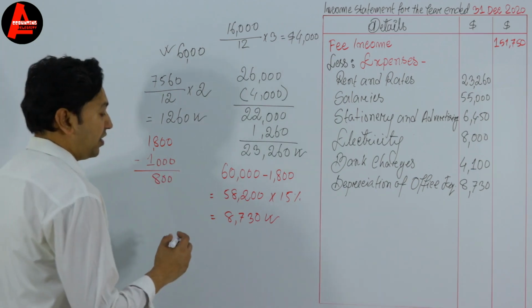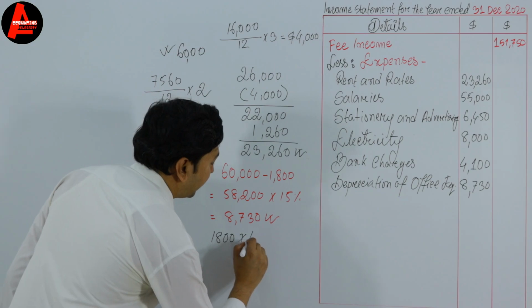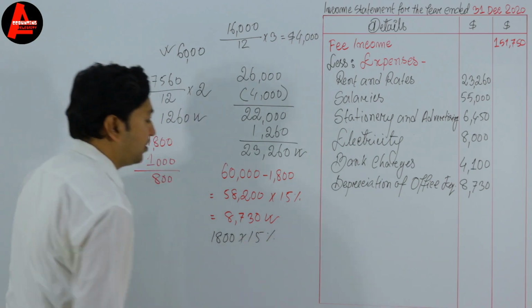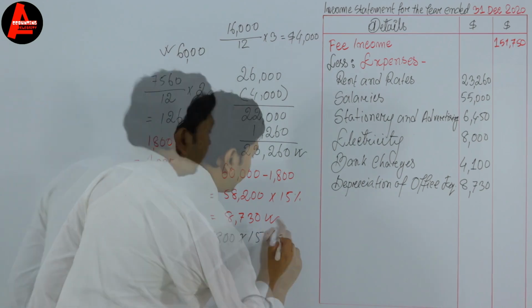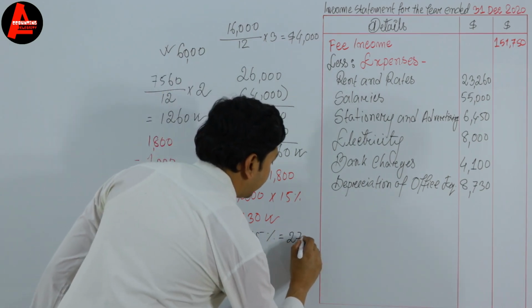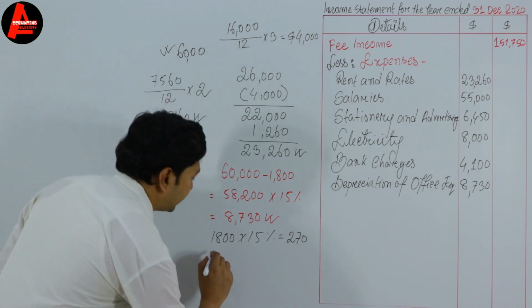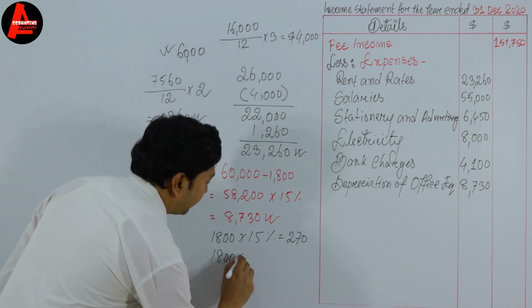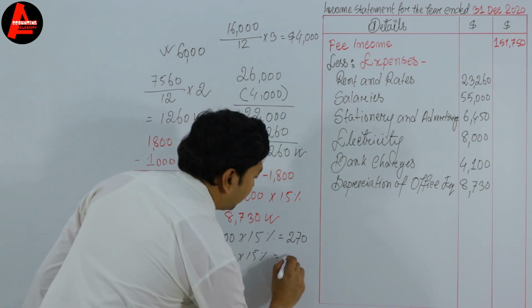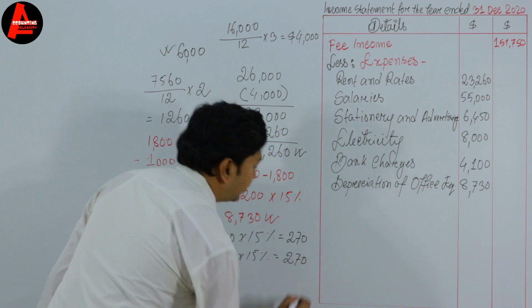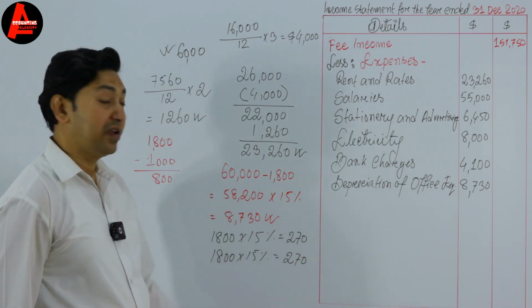Here $1,800 is the cost price. We will multiply by the rate of depreciation, which is 15%. For the first year we get depreciation of $270. This is for 2018. And for 2019, as it is the straight-line method, we will just multiply the rate again. So we get the same amount in the second year, 2019, it is $270.